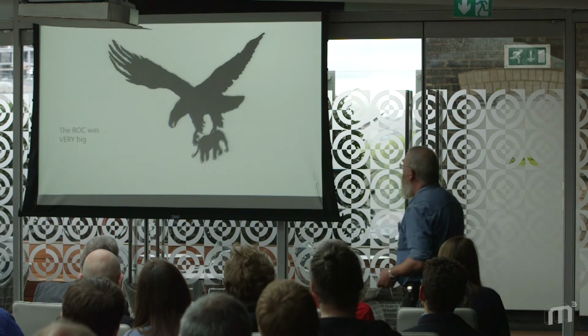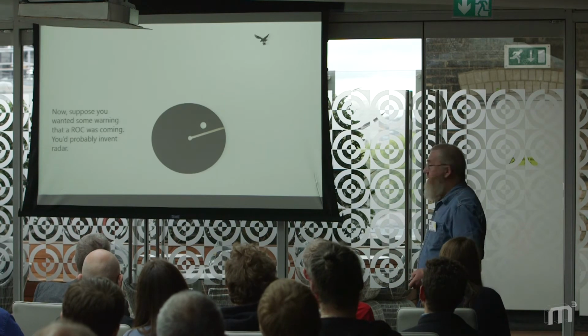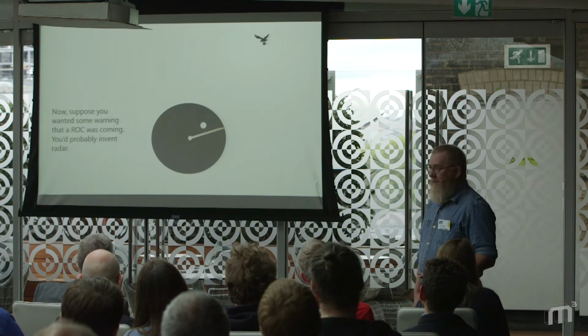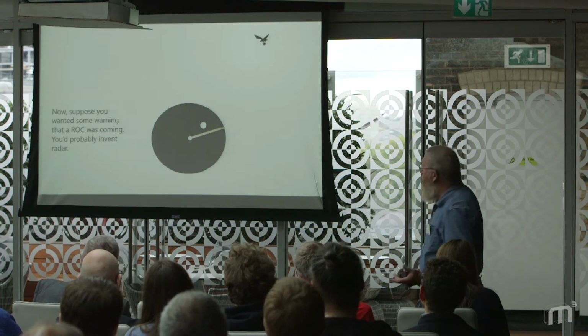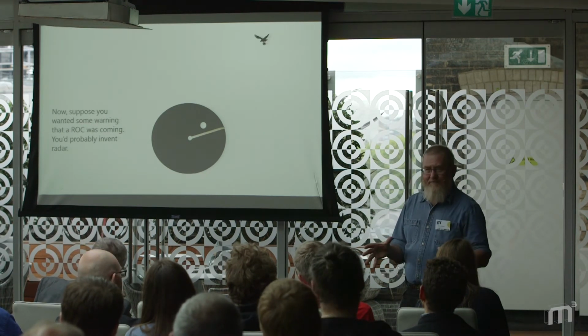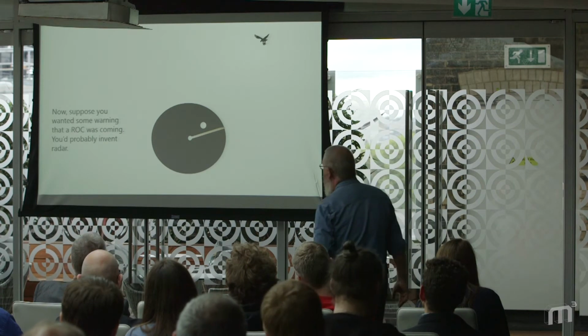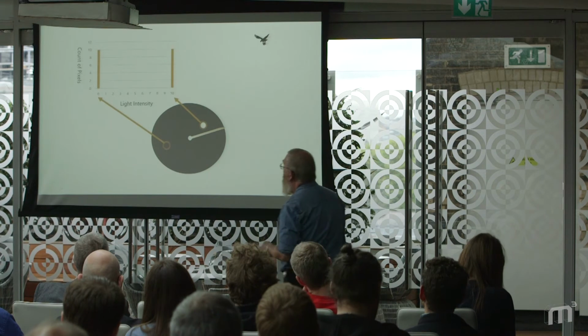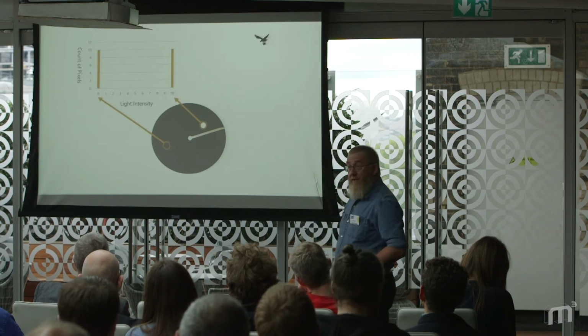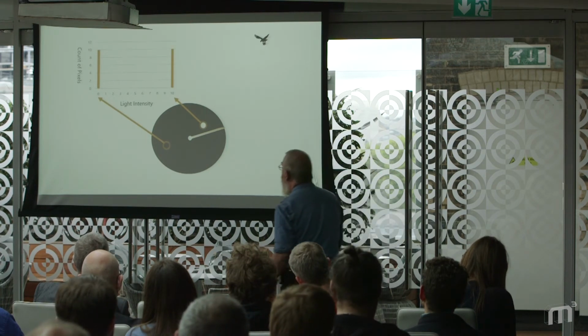Now, suppose you wanted to find rocs. If they did exist, we would want to know if they were approaching London. I think you'd all agree. So we'd invent radar. And when radar was being invented, people were very interested in interpreting it. Now, this is a diagrammatic representation of radar.